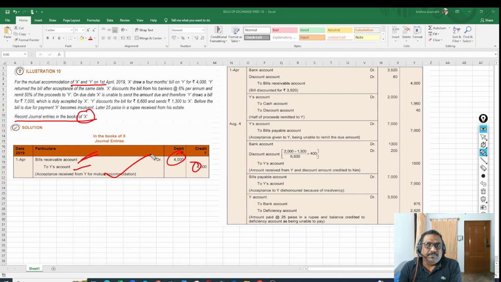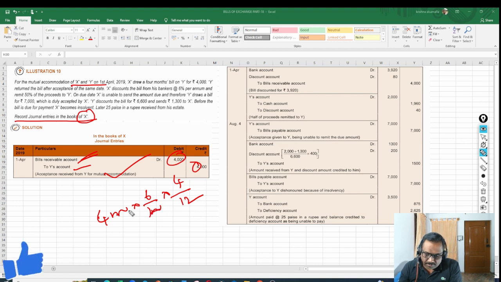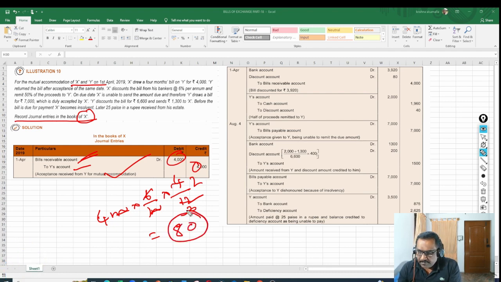Then what did X do? He discounted the bill at 6% per annum. That means what? 4,000 rupees into 6% into 4 months, so it should be 4 by 12. Then how much will it come? 80 rupees. He discounted the bill for 80 rupees.